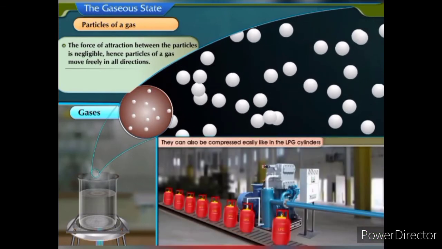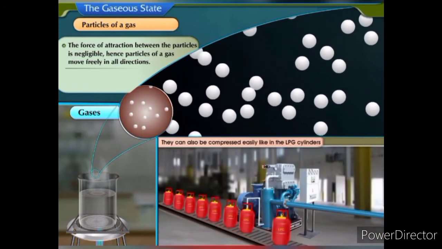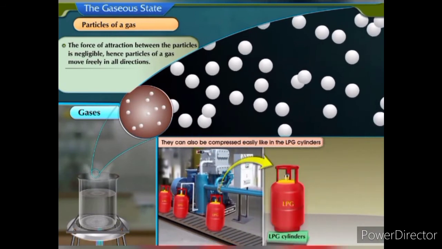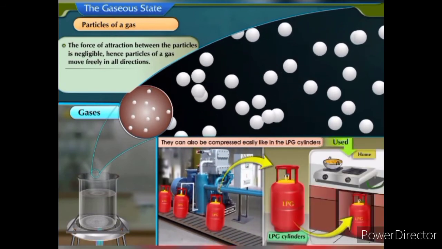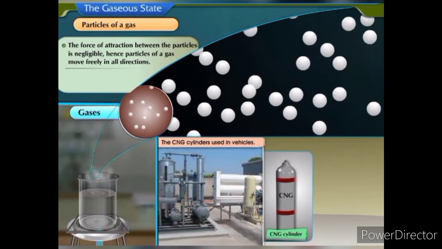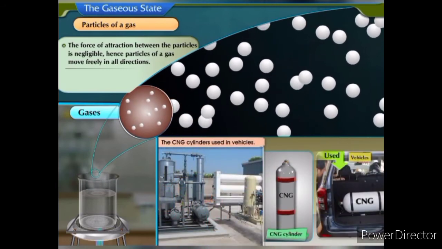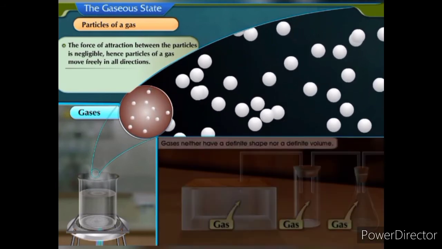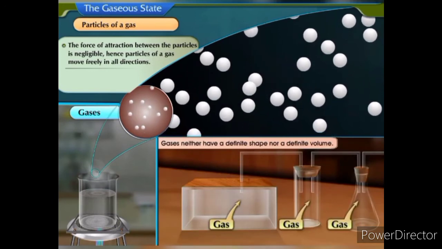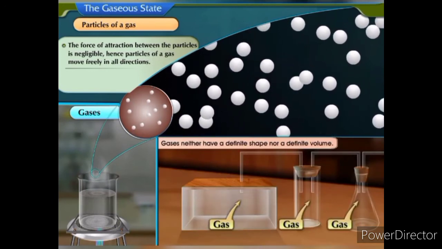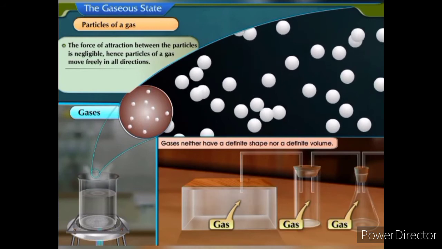They can also be compressed easily, like in the LPG cylinders used at home and the CNG cylinders used in vehicles. Gases neither have a definite shape nor a definite volume.